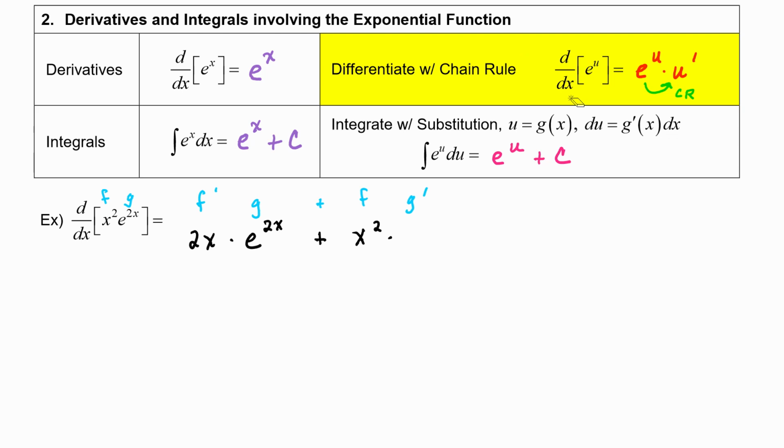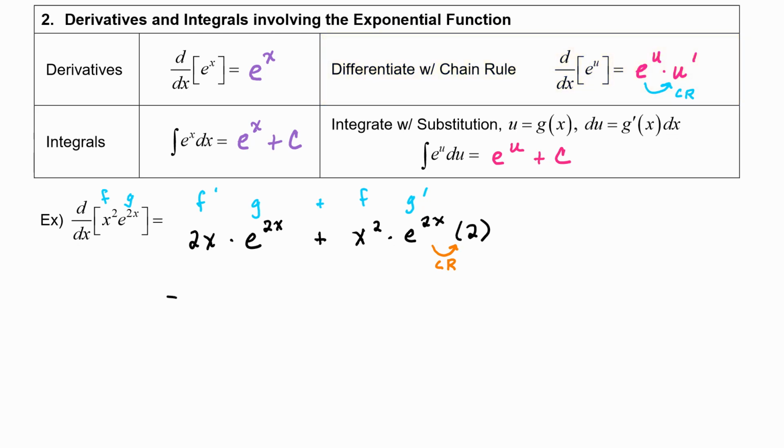So remember, the derivative with respect to x of e to the u is e to the u times u prime. So this is going to be e to the 2x, and then the chain rule says that we have to multiply times 2 because the derivative of 2x is 2.